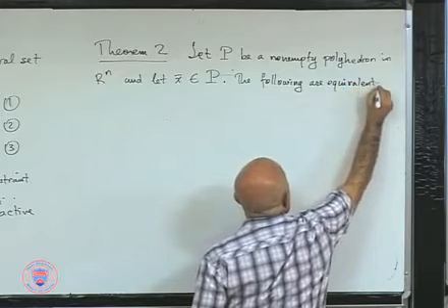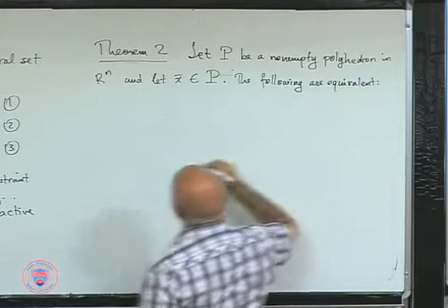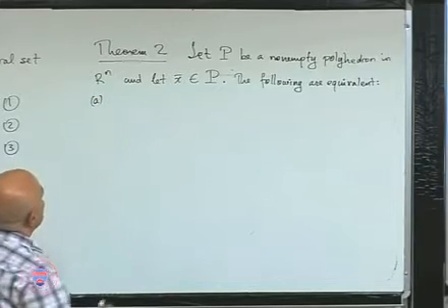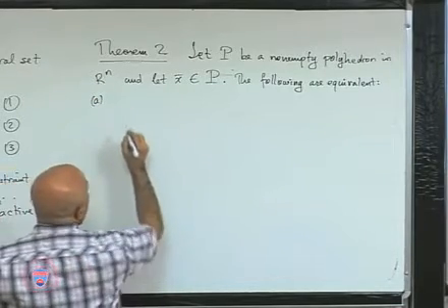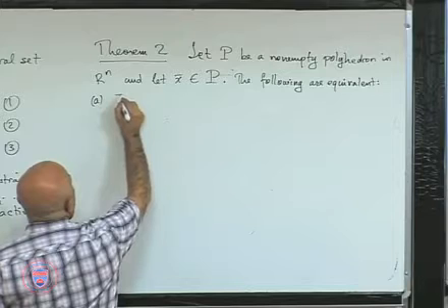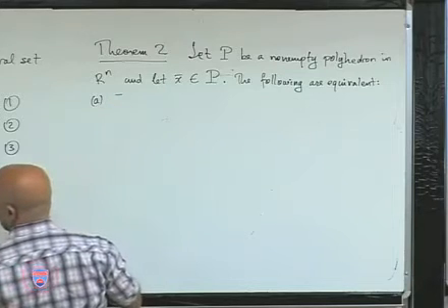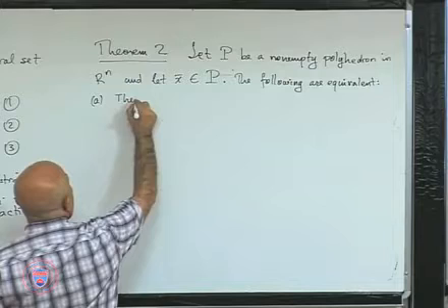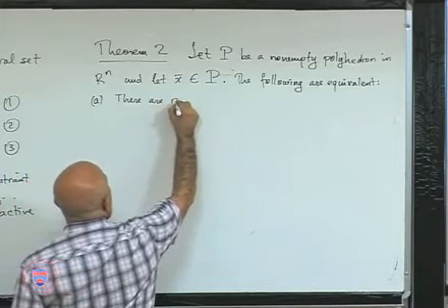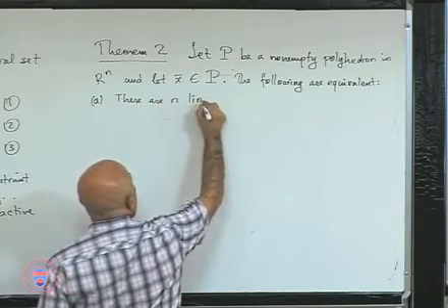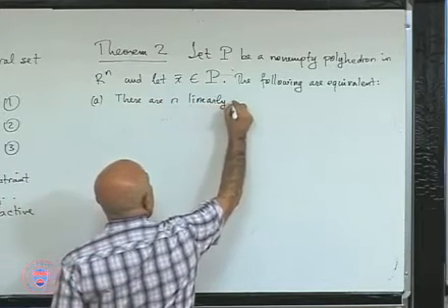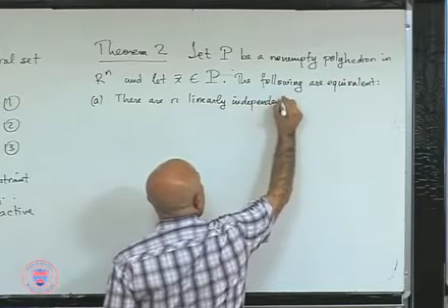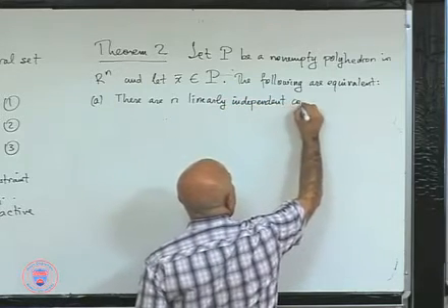The following parts are equivalent. A: there are n linearly independent constraints in the active set.